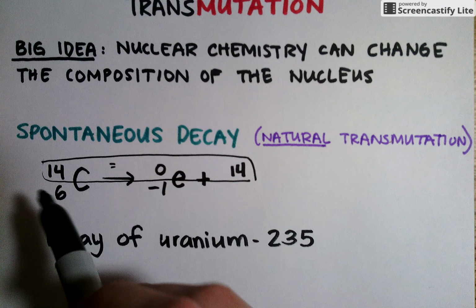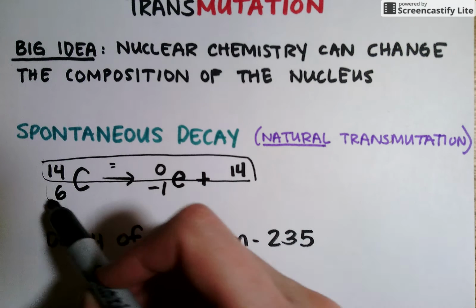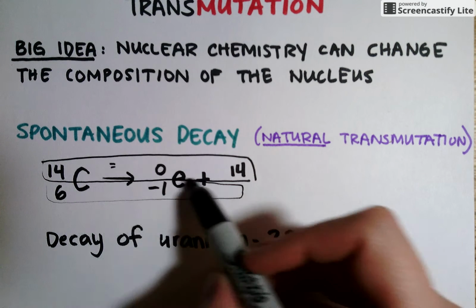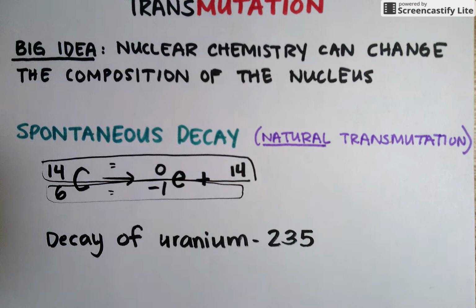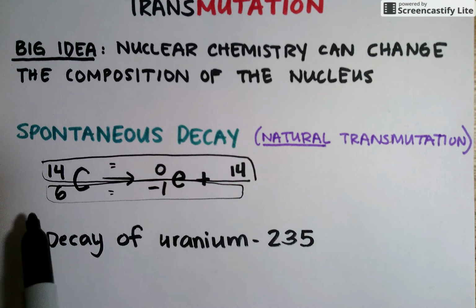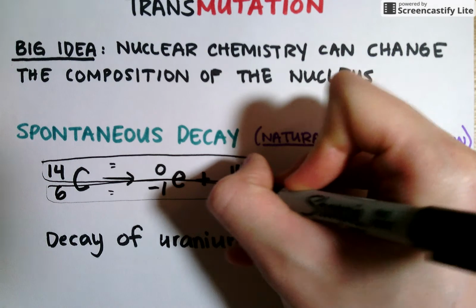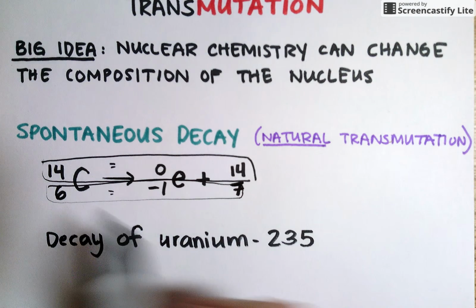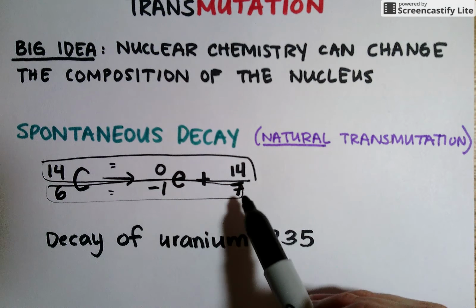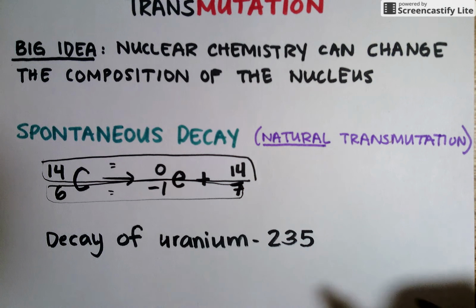However, the same situation is going to be true with our bottom set of numbers. Whatever is on the left has to be equal to whatever is on the right. So right now we have a statement that says 6 equals -1, and goodness knows that's not true. The number that we need to put in here to make that a true statement is 7, because -1 plus 7, or 7 minus 1, equals 6.